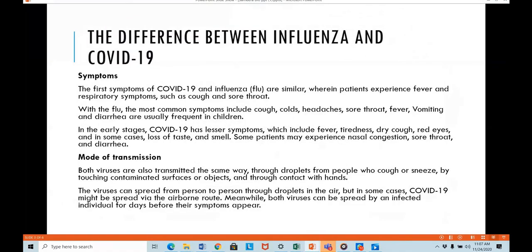The difference between influenza and COVID-19 symptoms. The first symptoms of COVID-19 and influenza are similar. They are fever and respiratory symptoms such as cough and sore throat. Mode of transmission: both viruses are also transmitted the same way, through droplets from people who cough or sneeze.